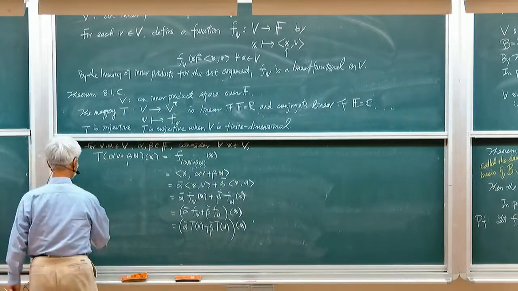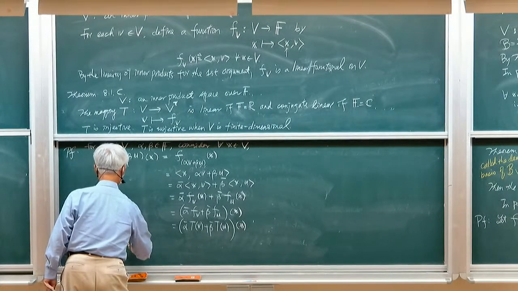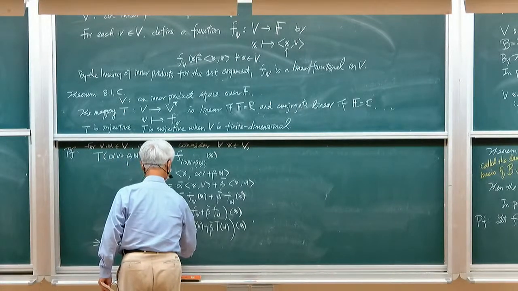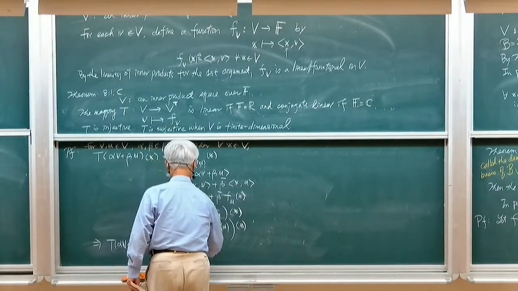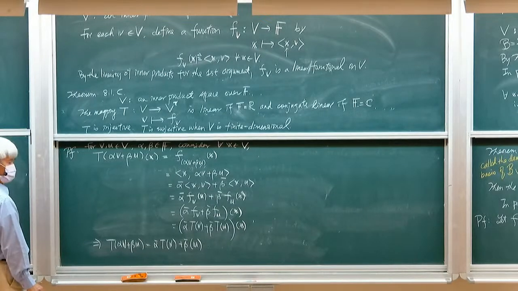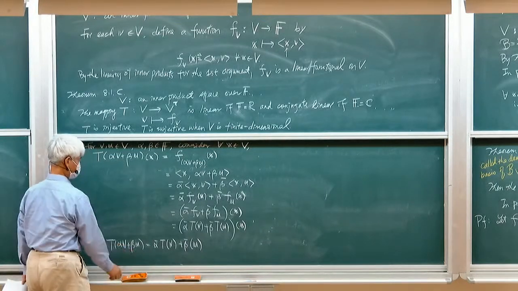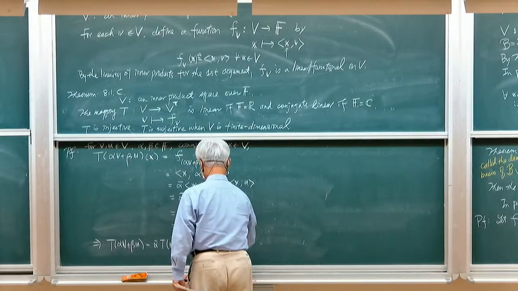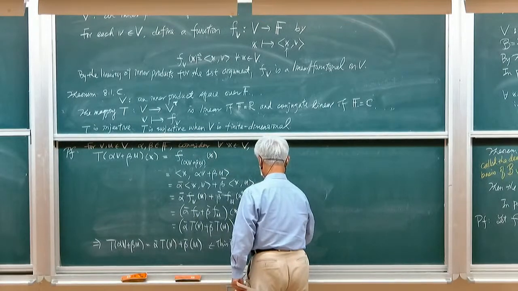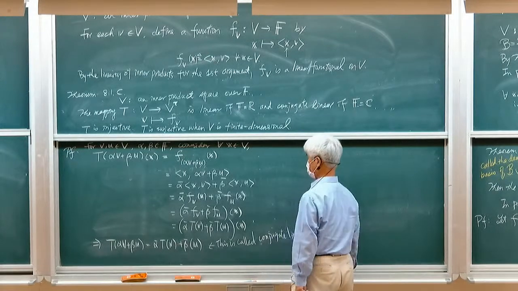So from here, we know that T(alpha v plus beta u) is equal to alpha bar T(v) plus beta bar T(u). So this is conjugate linear because the coefficients are conjugated.